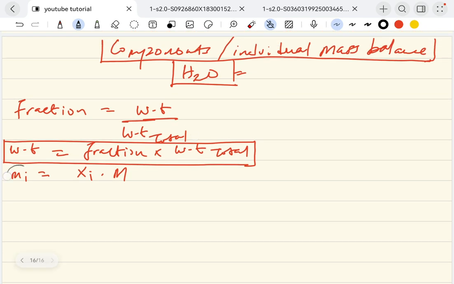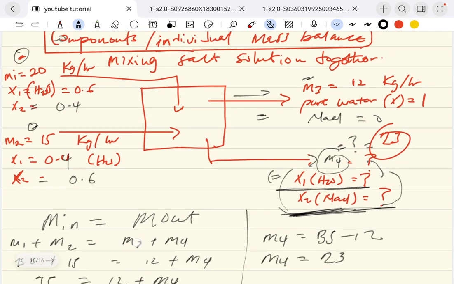I represent my weight as Mi, which is equal to xi, the fraction, multiplied by the total weight. So, simple: balancing Mi from here, Mi from here, and Mi from the output. This is what I'm doing: adding these and equating them.